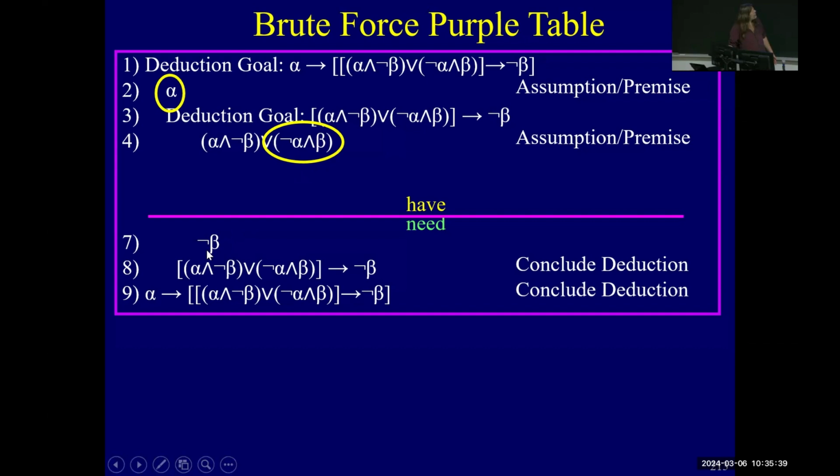Oh, that's weird, because I want beta to be false. But all right, what can I also do from this? So here I have an OR. How can I use an OR?